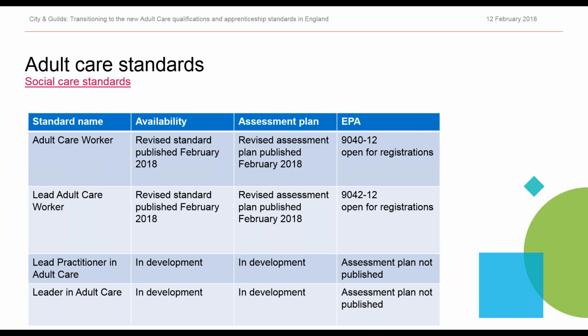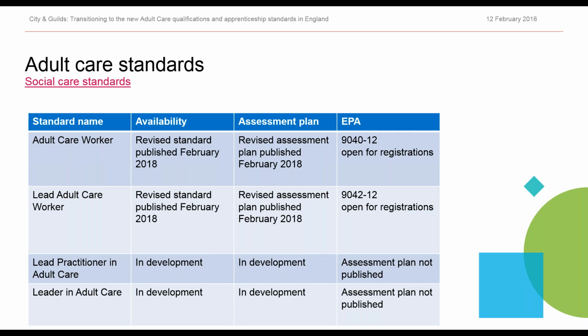That would take you to the page on the Institute for Apprenticeships web pages where the social care standards are all grouped together. We know now that the revised standard and the revised assessment plans have been published for adult care worker and lead adult care worker, and the City and Guilds endpoint assessment products for those standards are now open for registration.